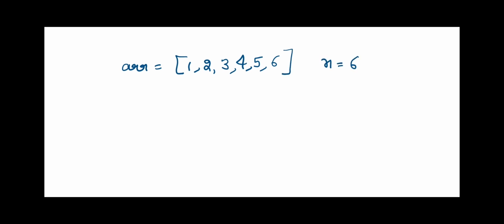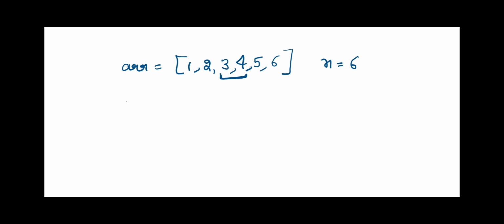Now let's understand the median of an array of even size. Let's understand this with an example. Let's take an array of size 6 with elements 1, 2, 3, 4, 5, 6. So here n is 6, and we can see that the median of this array will be the average of these two elements.